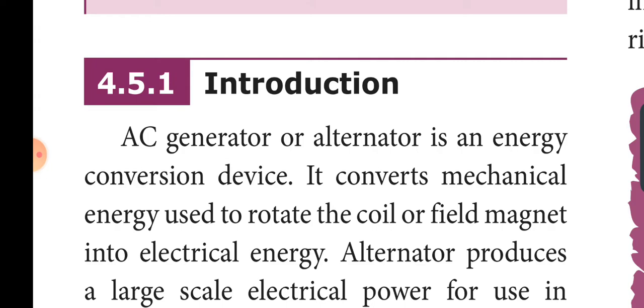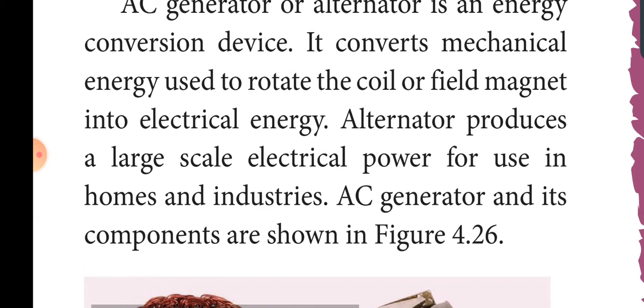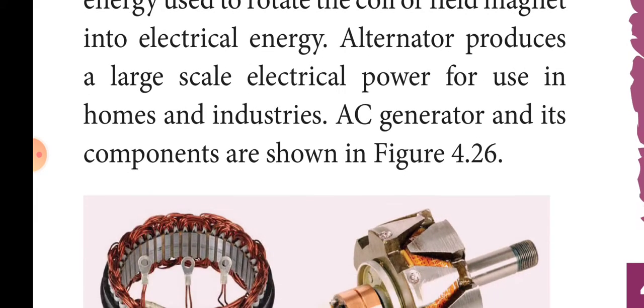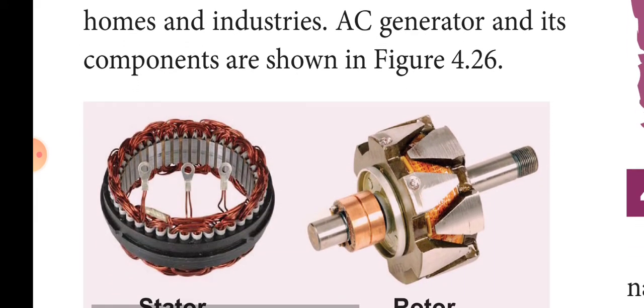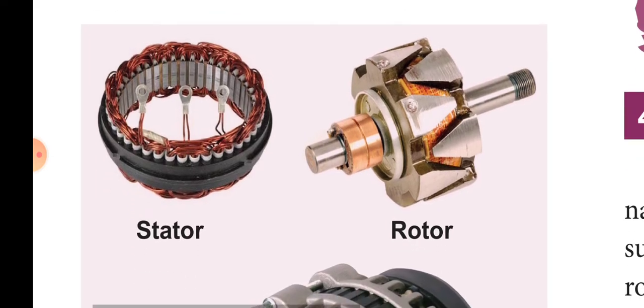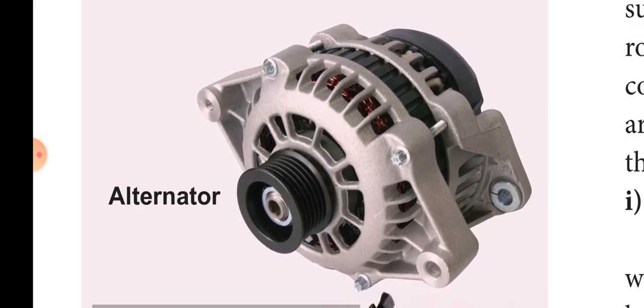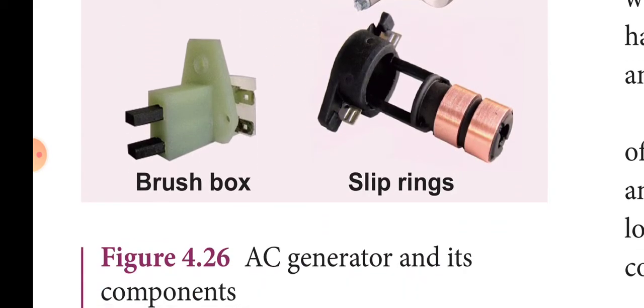It is also called an alternator. The alternator produces electric power on a large scale for use in homes and industries. We are going to see some essential components of the AC generator, namely the stator, rotor, brush box and slip rings. These are the components of the AC generator.